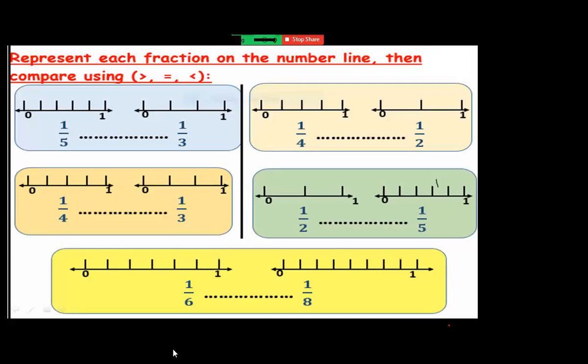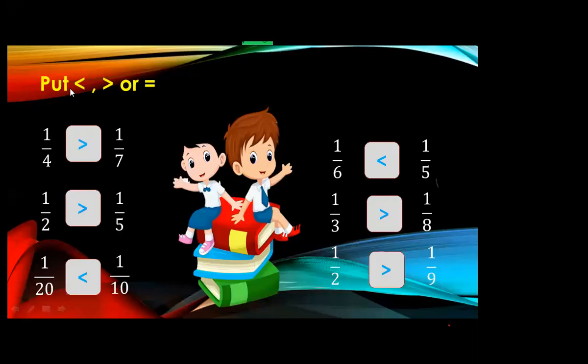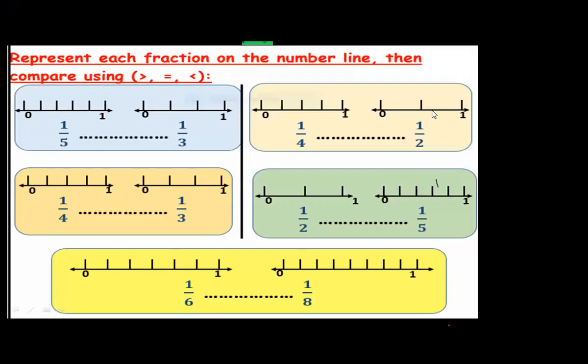Page 127. Excellent. Good job. All of you, did you open this page? Miss, page what? 127. Excellent. Go ahead, Kenzy.